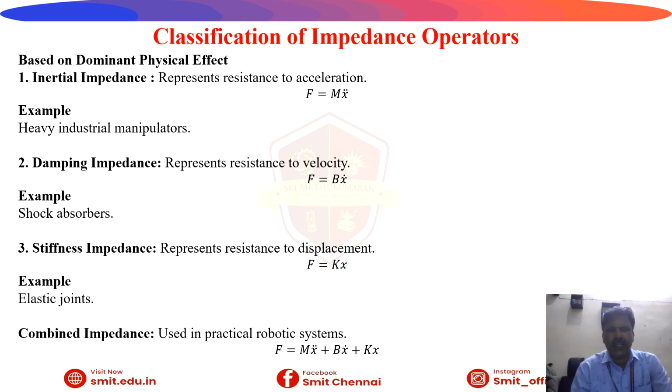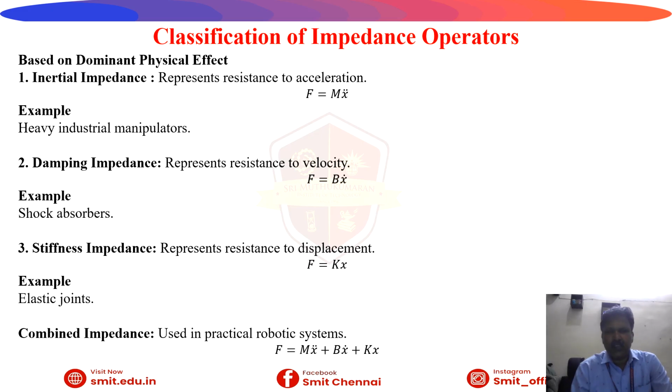Classification of impedance operators based on dominant physical effect. Inertial impedance represents resistance to acceleration, F equal to M X double dot, for example heavy industrial manipulators. Damping impedance represents resistance to velocity, F equal to B X dot, example shock absorbers.